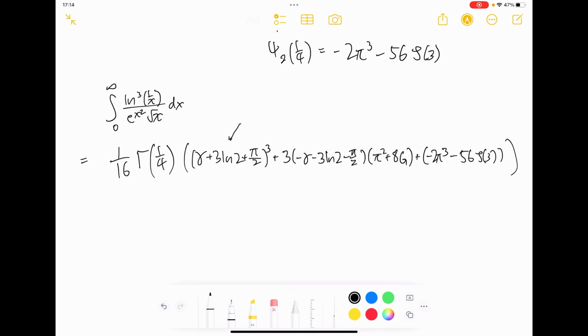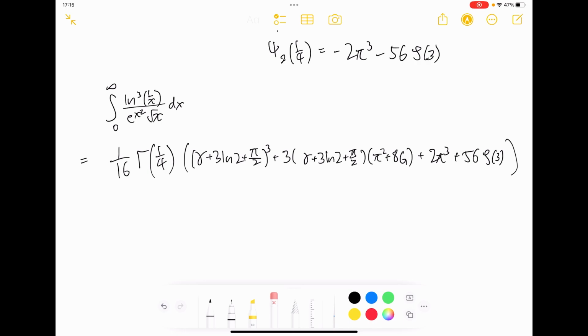There we go. And distributing it into this term, that's going to make everything positive. And distributing it into this term, it's going to make these positive. So that's going to get us plus 2 pi cubed plus 56 zeta 3.